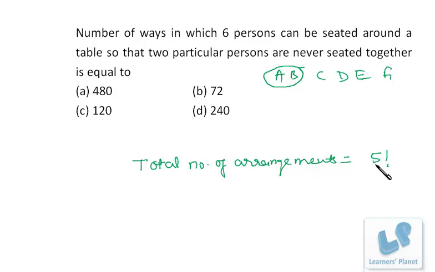Now next step, I just take these two people together. So I have 5 persons to sit at 5 places. Since they are sitting around a circle, the total number of arrangements will be 4 factorial, into which these 2 persons can be interchanged also, that is AB and BA. So to arrange these two people, I have to multiply by 2, right? So 4 factorial into 2 are the ways when both of them are always together, right?